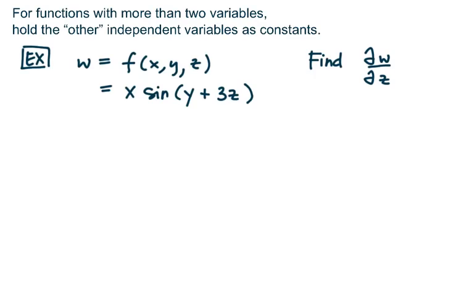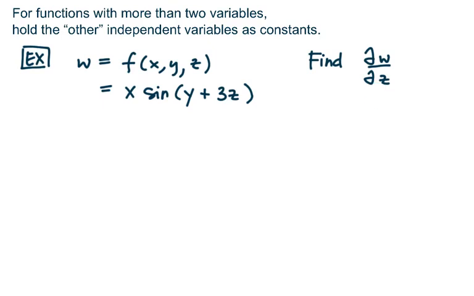For our third example in this video, we're going to talk about functions with more than 2 variables. So maybe we have w in terms of x, y, and z. We have 3 independent variables. And all we have to do is hold the other independent variables constant, whichever ones are not being differentiated with respect to.